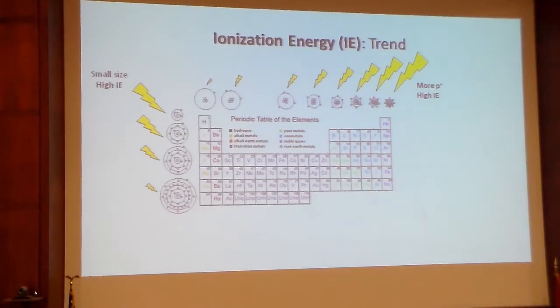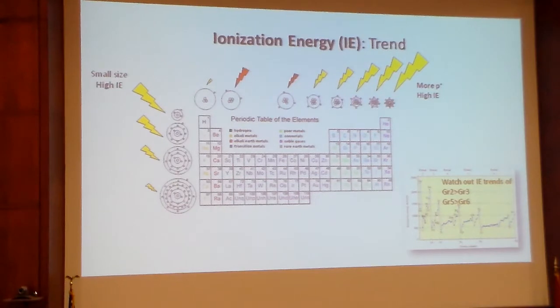Have you seen a graph like that, a line graph? It's kind of a weird trend. Be careful. We can use this trend in general, but be careful with group 2 and group 3, and group 5 and group 6. Group 3 has more protons, so it's supposed to need more energy, and ionization energy should be bigger.